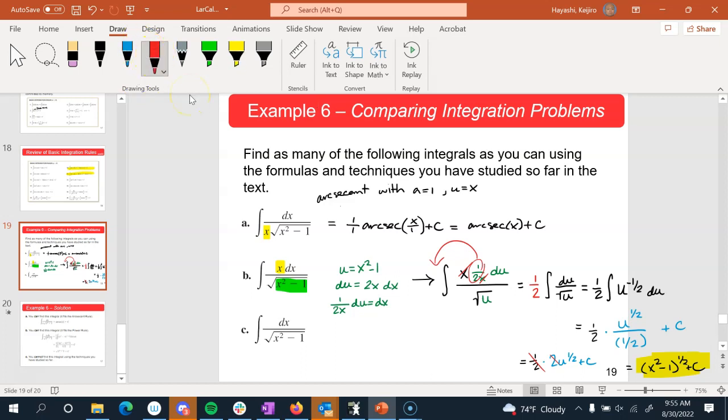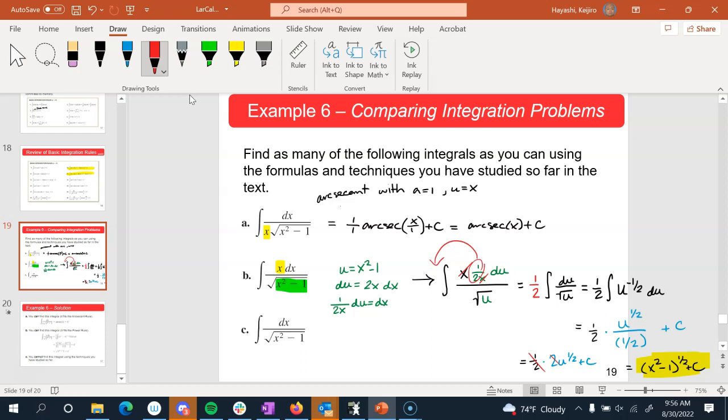And this third one, simply a dx with x squared minus 1, you might think, oh, this kind of looks like an arc sine. But not so. An arc sine would have 1 minus x squared, not x squared minus 1. There's no x on the bottom to let this be an arc secant.